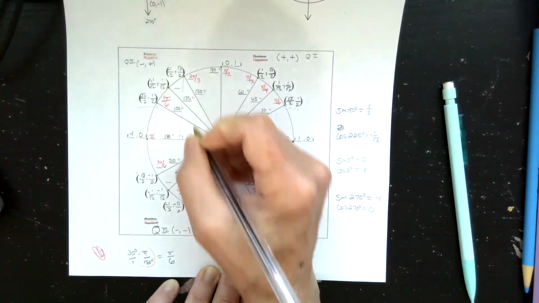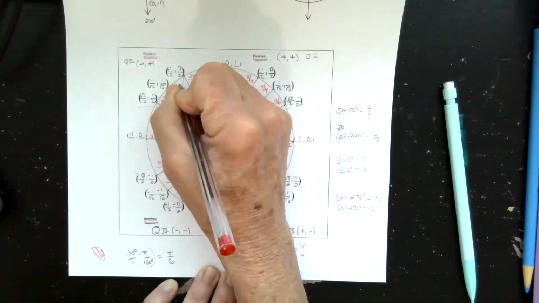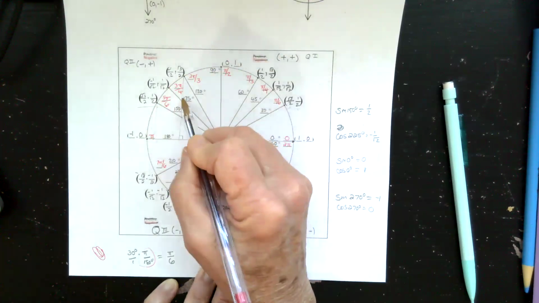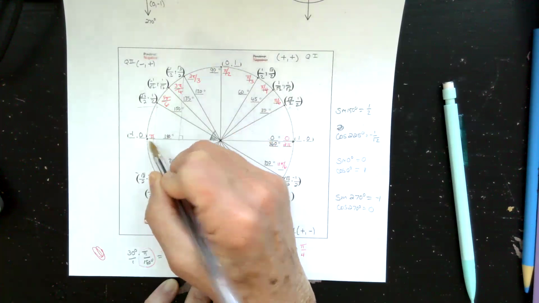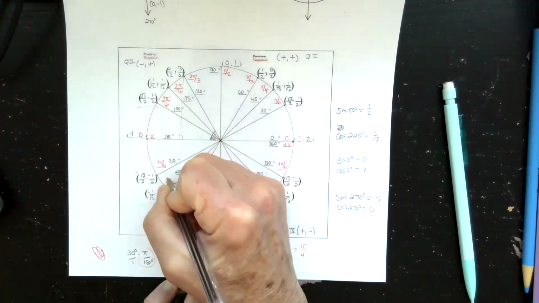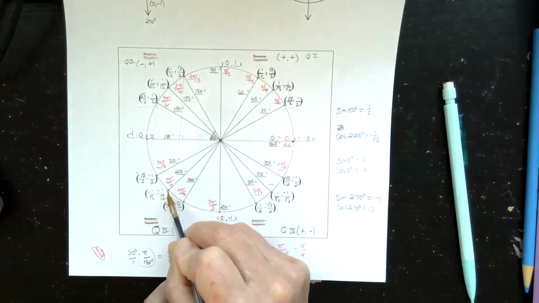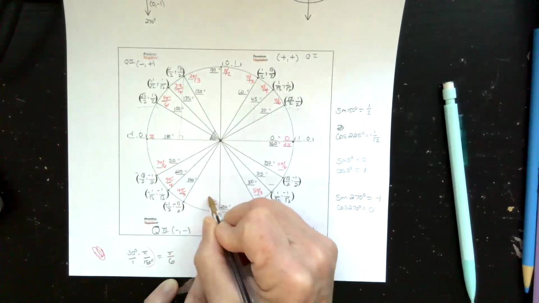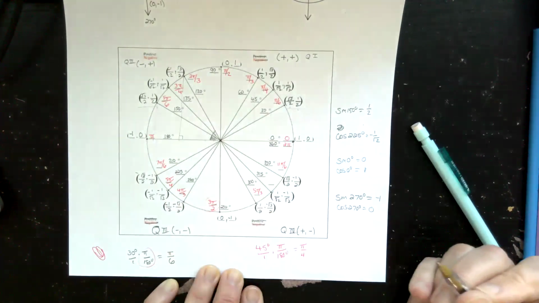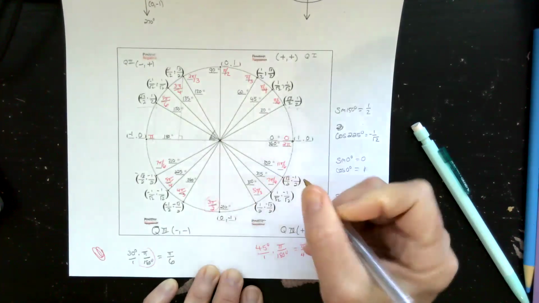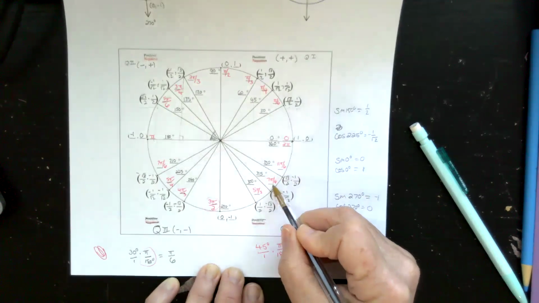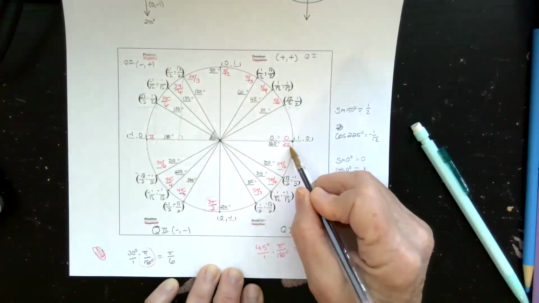Plus another pi over 4 can land me here, which is 3 pi over 4. Plus another pi over 4 is 4 pi over 4, which is pi. Plus another pi over 4 is 5 pi over 4. Plus another pi over 4 is 6 pi over 4, which simplifies to 3 pi over 2. Plus another pi over 4 is 7 pi over 4. Plus another pi over 4 is 8 pi over 4, which simplifies to 2 pi.